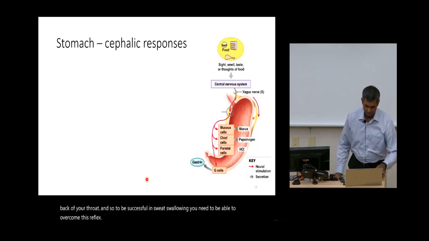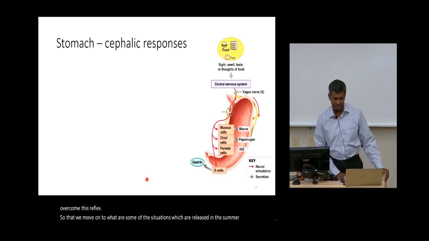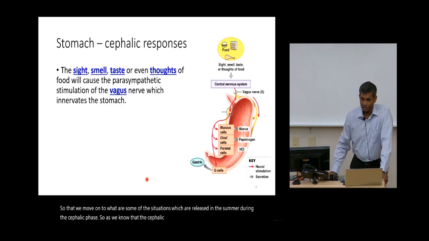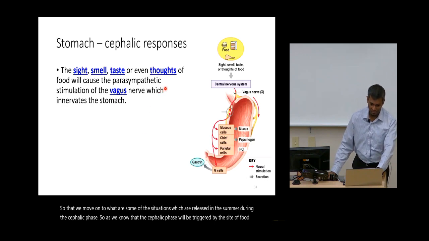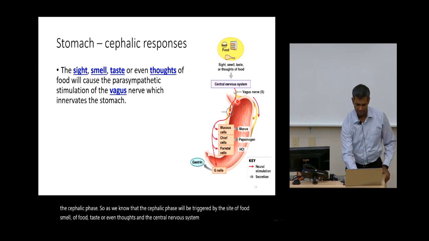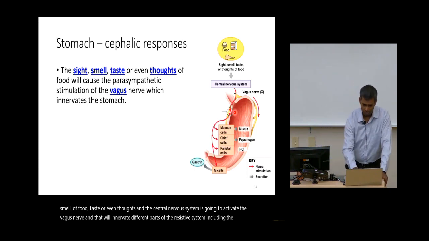So with that, we move on to some of the secretions which are released in the stomach during the cephalic phase. As we know, the cephalic phase will be triggered by the sight of food, smell of food, taste, or even thoughts, and the central nervous system is going to activate the vagus nerve, and that will innervate different parts of the digestive system, including the stomach.